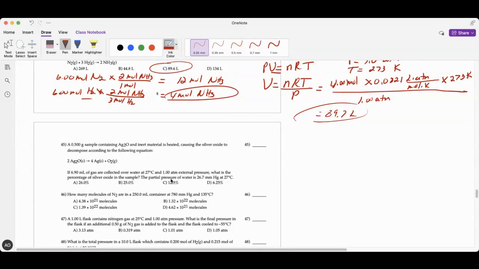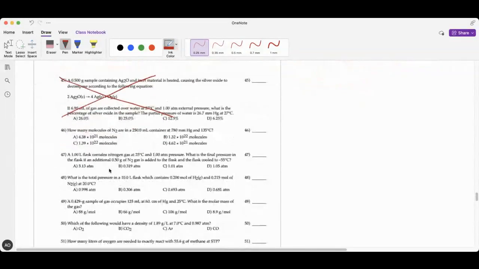Then you have the volume of the oxygen, and you'd find the number of moles of oxygen, and then from there, this one has a lot of steps. You know what? I'm going to pass on this one. You won't get anything like this one on the exam. I would do it, but I'm getting really, really tired.